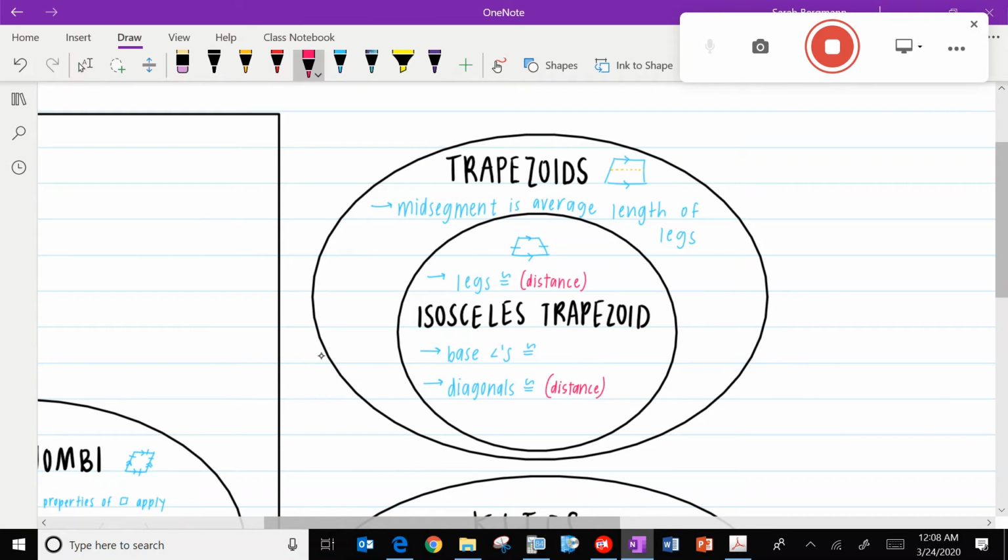So up here, to show that there's exactly 1 pair of parallel sides, what you would do is use slope formula to show that exactly 1 pair of sides has the same slope, the other pair of sides does not have the same slope.